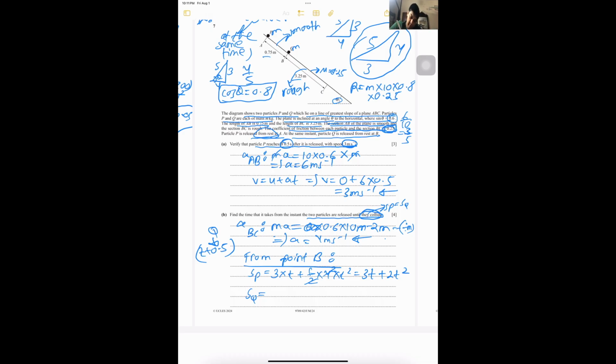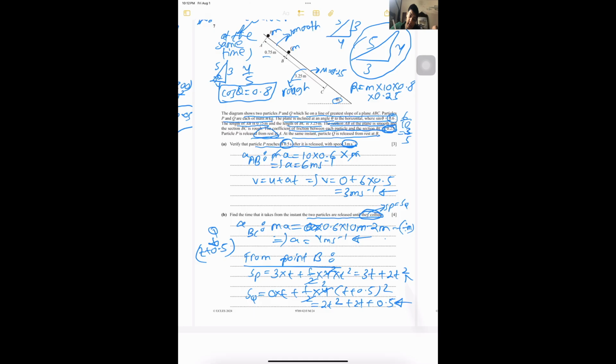So we will write SQ. It started at 0, the initial speed was 0, so plus half into 4, 2 into (t plus 0.5) whole squared. Simplify this: 2t squared, so 2 into 2 into 0.5, I'm breaking down the things, plus 0.5.